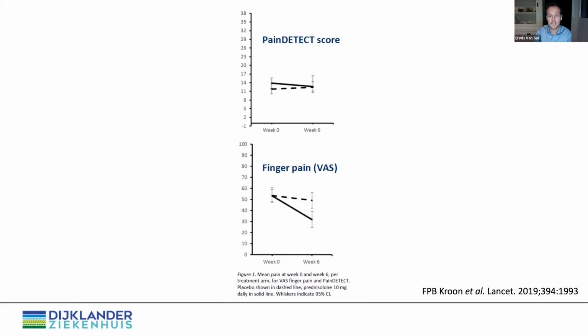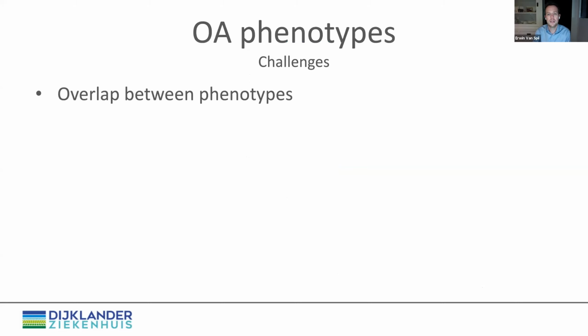So again, I'm curious to see where the field of neuropathic pain will go. There's a lot of interest for that. And this might, again, benefit this particular subgroup or maybe pain phenotype in hand OA. Some challenges are, as I've shown you, that phenotypes might overlap. That might be challenging in research, how to select the right patients for the trial.